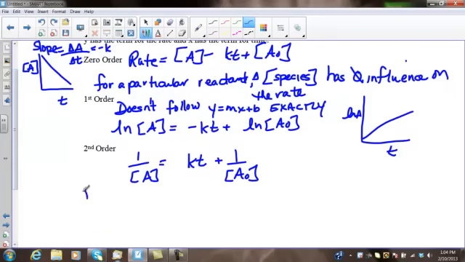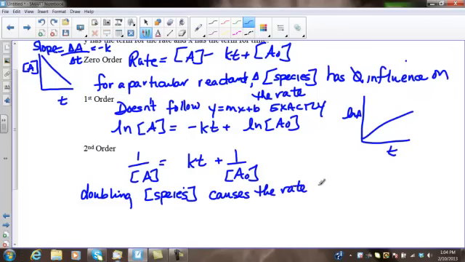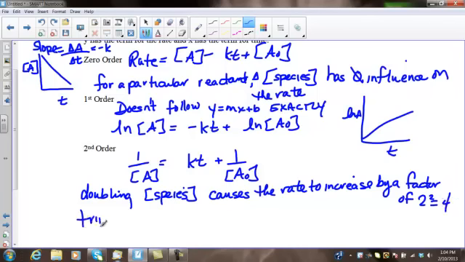So doubling the concentration of the species, as I said earlier, causes the rate to increase by a factor of 2 squared. Tripling the concentration of the species would cause the rate to increase by a factor of 3 squared.